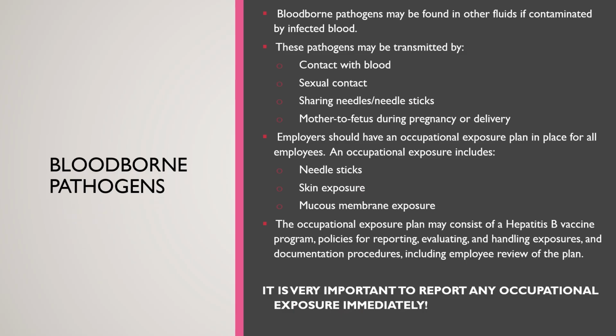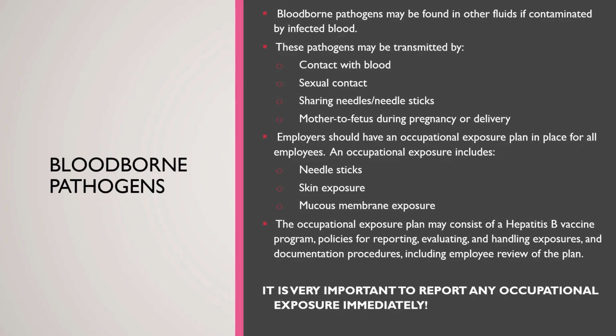Bloodborne pathogens can be found in other fluids if contaminated by infected blood. These pathogens may be transmitted by contact with blood, sexual contact, sharing of needles or needle sticks, and from mother to fetus during pregnancy or delivery. Employers should have an occupational exposure plan in place for all employees.